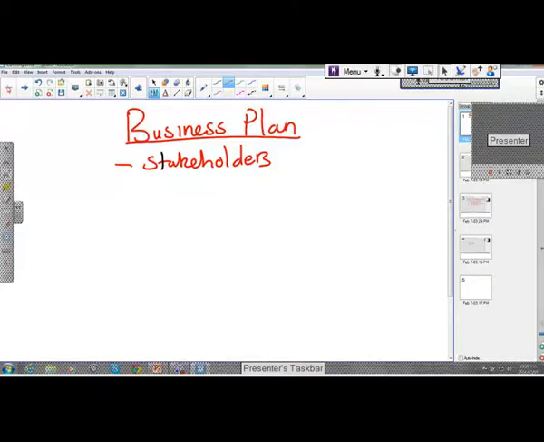Right, if you look at our module guide, in the name of stakeholders, they have separated them and said we have what we call internal stakeholders, and external.